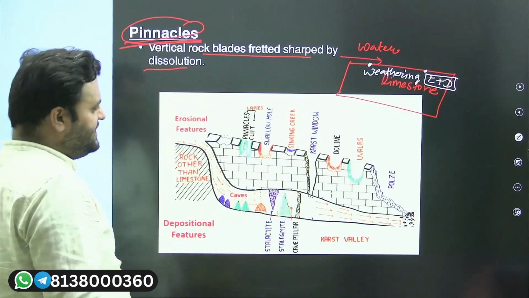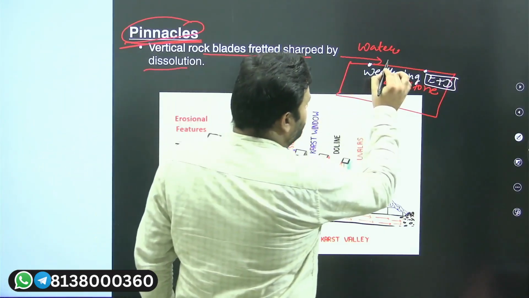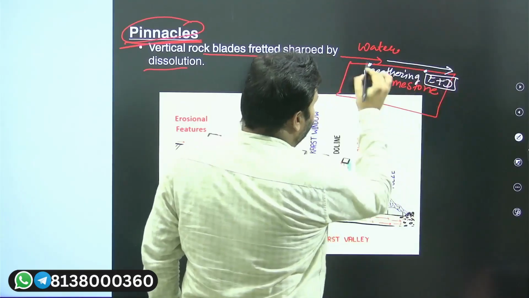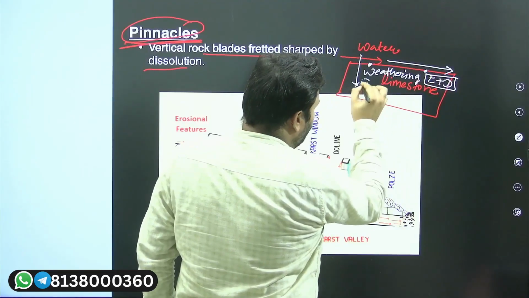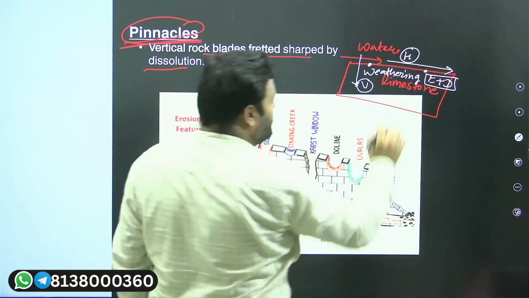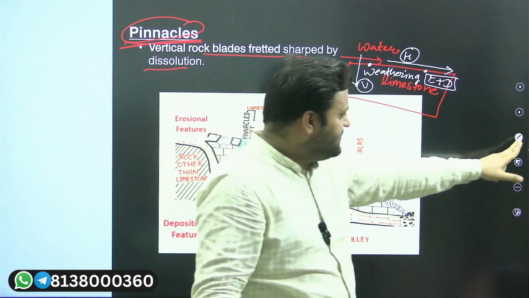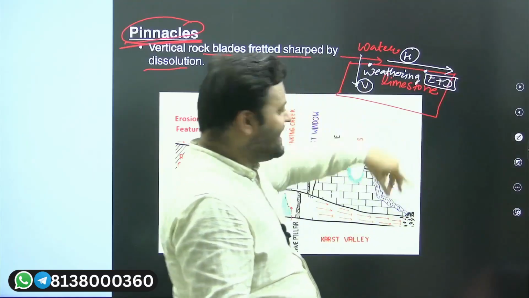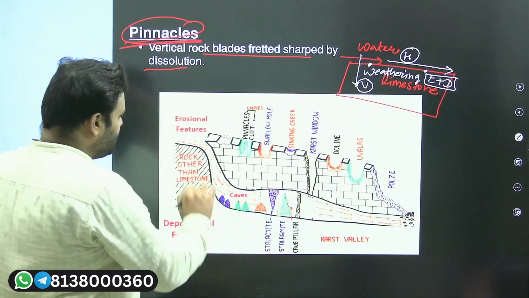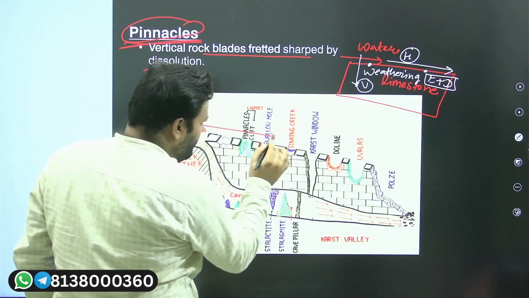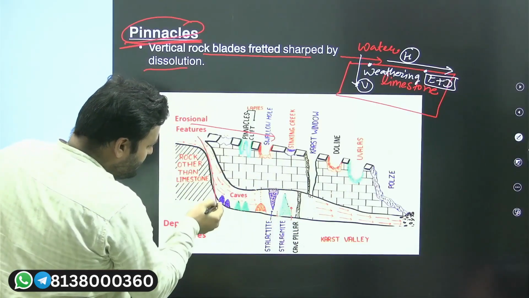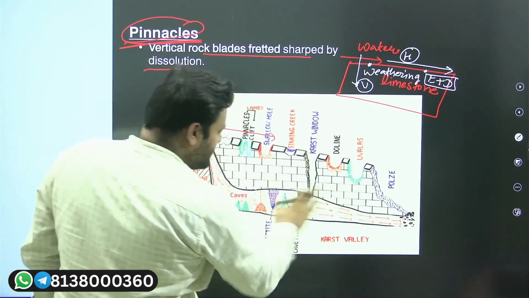Second thing is, we will have this horizontal as well as vertical flow of water. As a result of this differential action of water, what will happen? First of all, there will be a modification at the surface, and also a modification at the bottom.